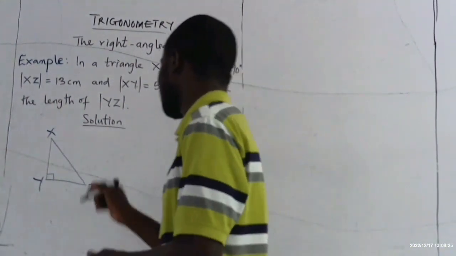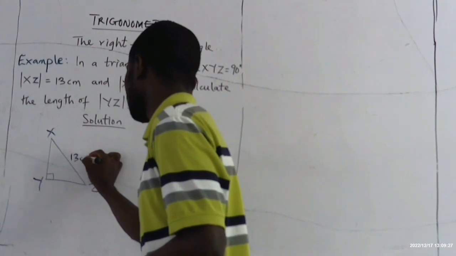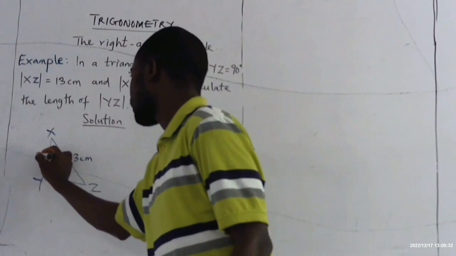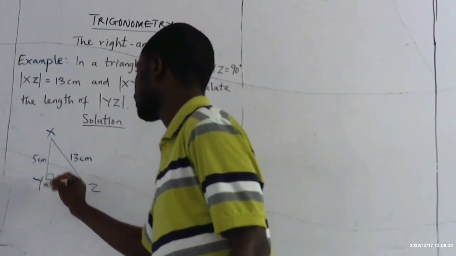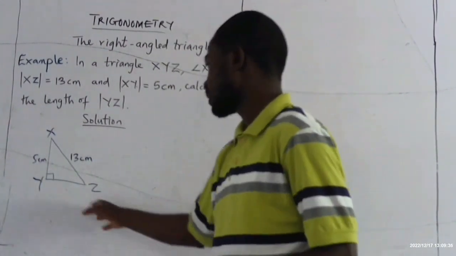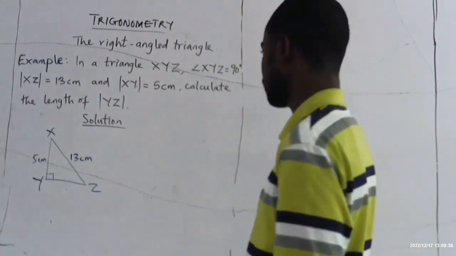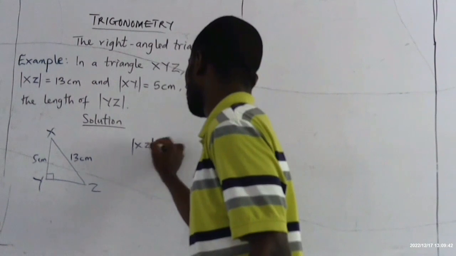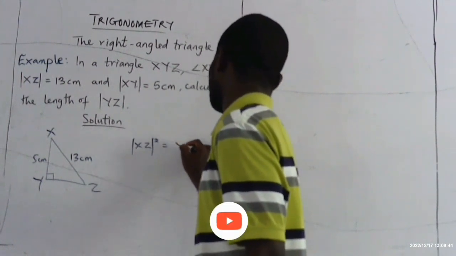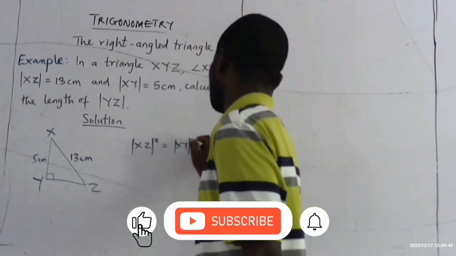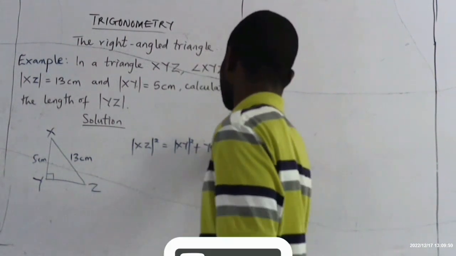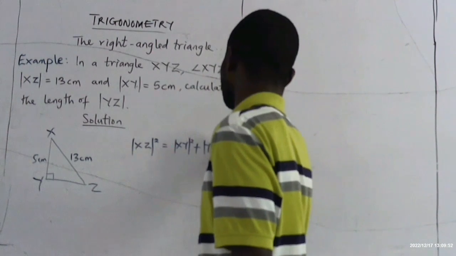Now let's fill in the details. XZ is 13 centimeters, so here is 13 centimeters. XY, 5 centimeters. Then we are told to find YZ. So with your Pythagoras theorem, XZ squared equals XY squared plus YZ squared.